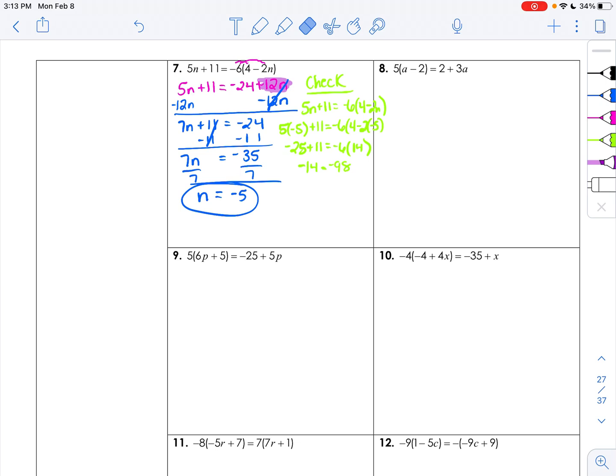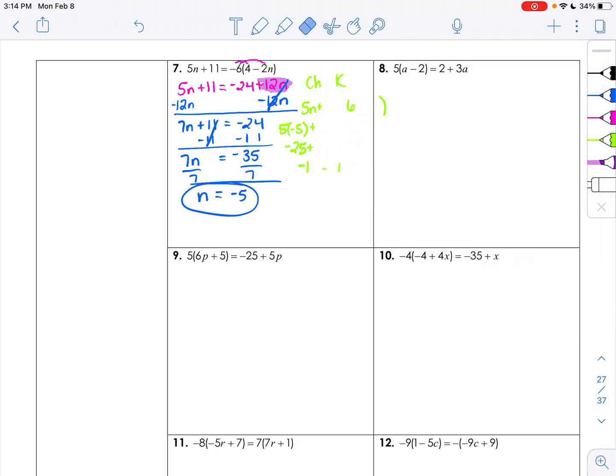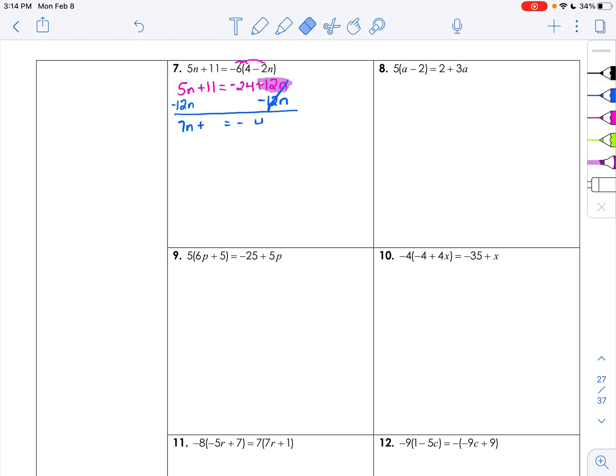So let's go back and fix that. So then right here, this is negative 7n plus 11 equals negative 24.